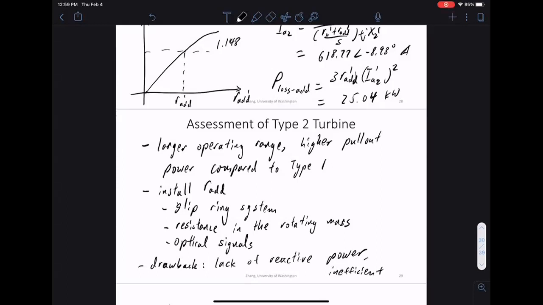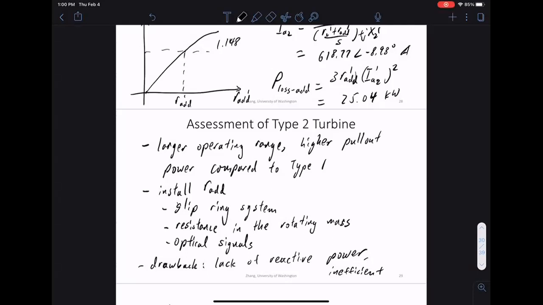If your variable is a resistor, if whatever you're doing is changing the resistance value of something, then the current has to go through that resistor, and this leads to losses. You may have higher maximum power, but you will also have higher losses. So the innovation is: type 1 is just the simplest thing we can think of.